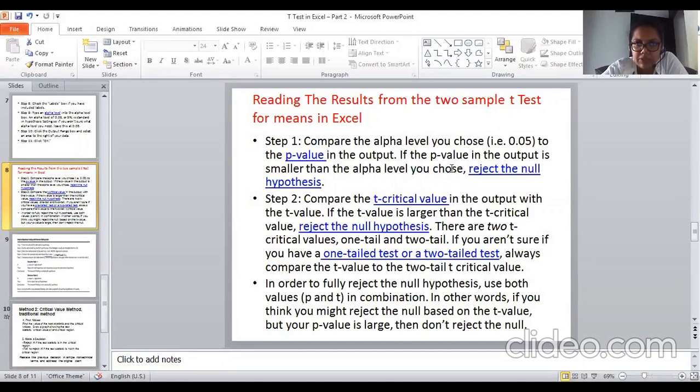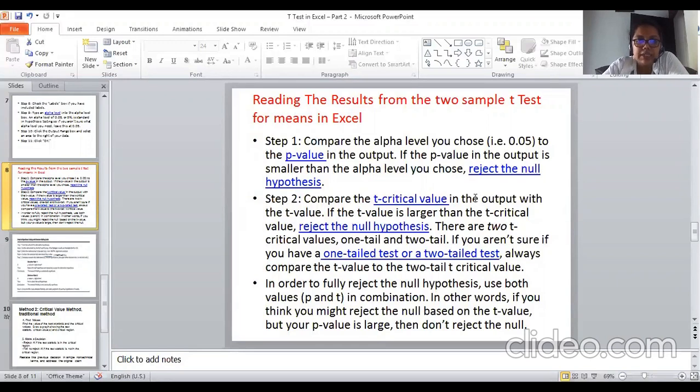If the p-value is smaller than the alpha level, we reject the null hypothesis, but our p-value is greater than the alpha level 0.05, so we are unable to reject the null hypothesis. Is it clear?